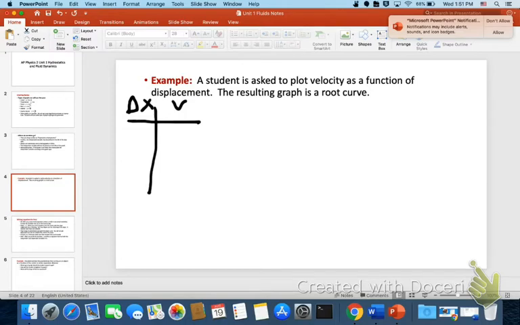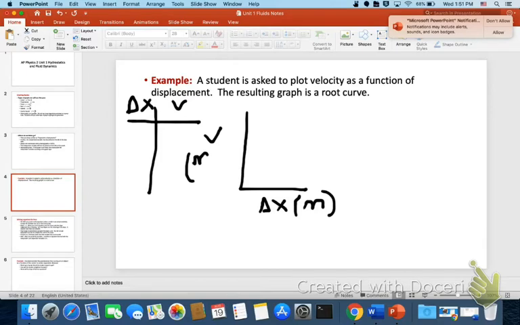Based on this, you will get a graph with delta x, in meters, and velocity on the y-axis, in meters per second. And this will give you a root curve.